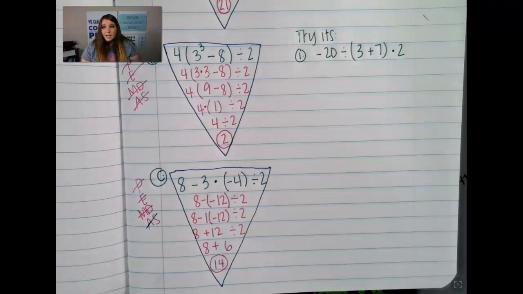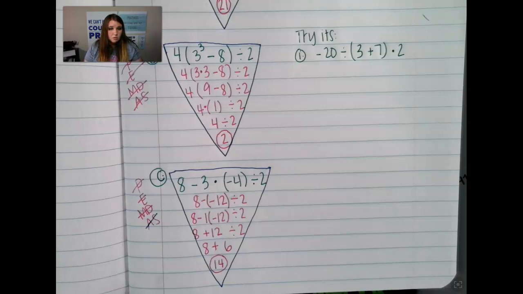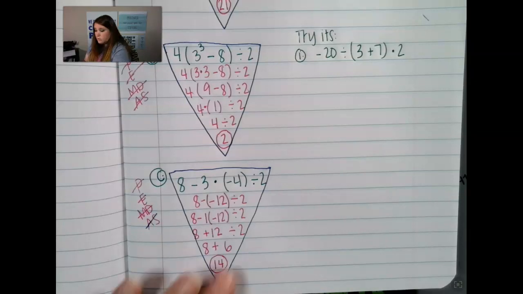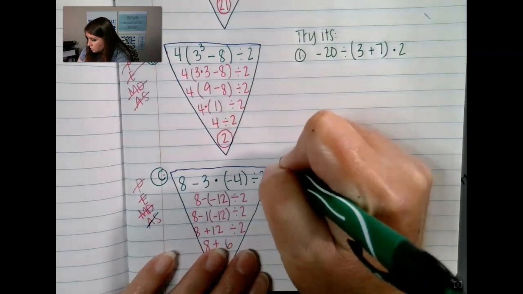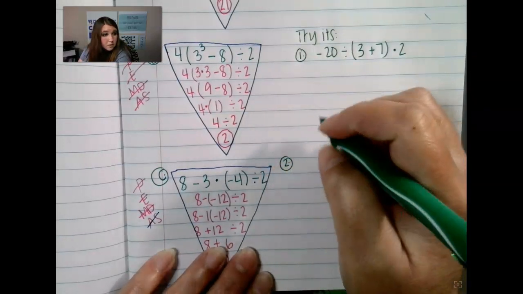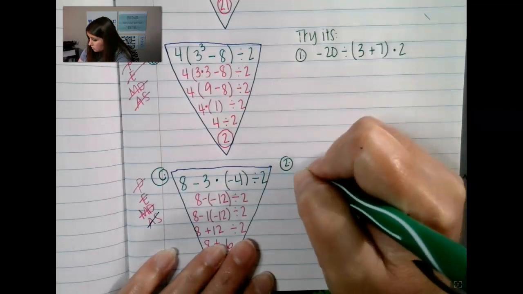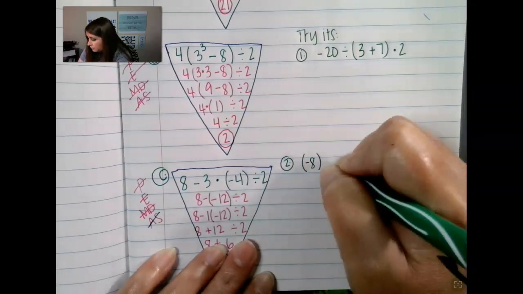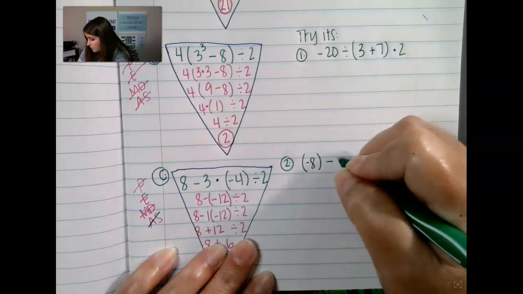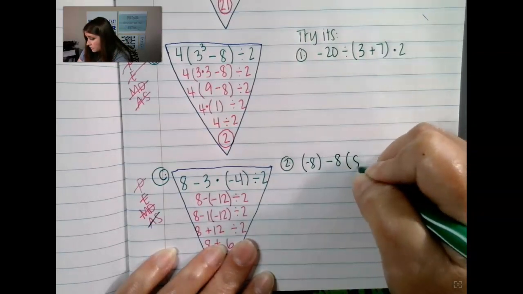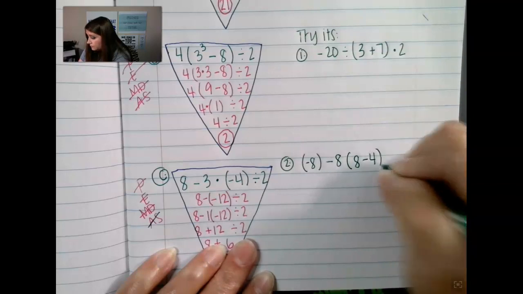There's the first one. And then try-it number 2 says a negative 8 minus 8 times 8 minus 4.